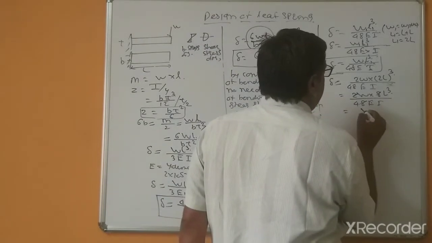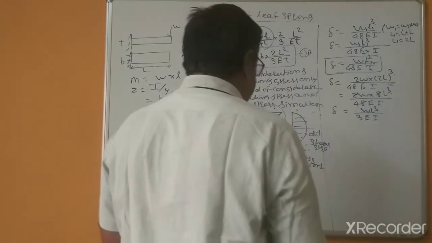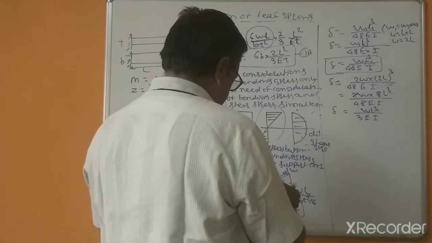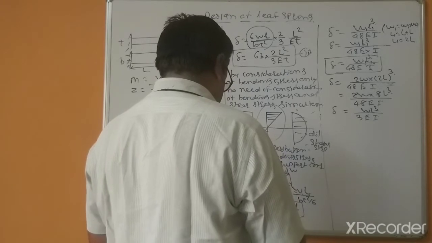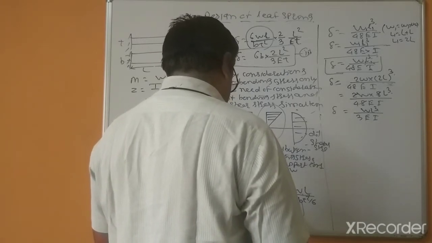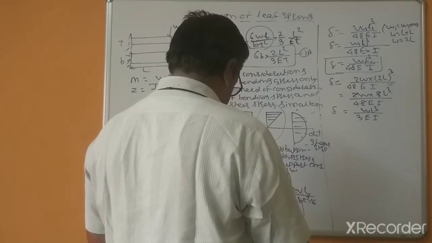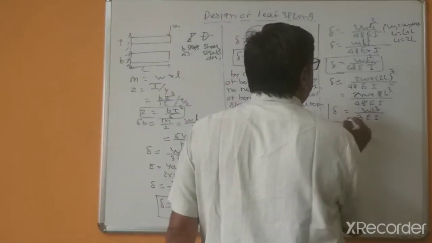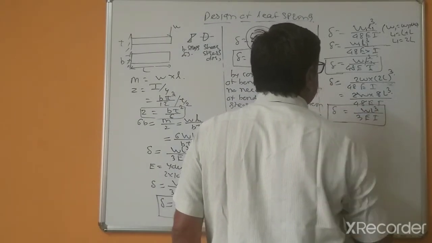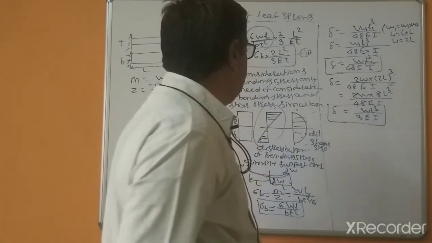So that's why WL cube divided by 3 EI, and this is the deflection equation. These equations are applicable for simply supported beams.